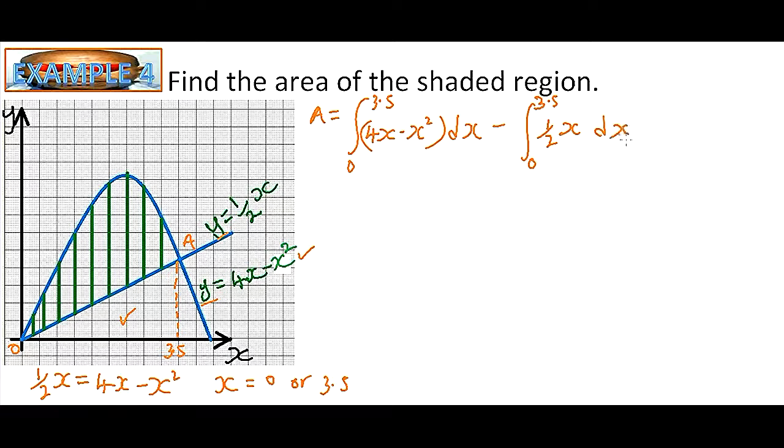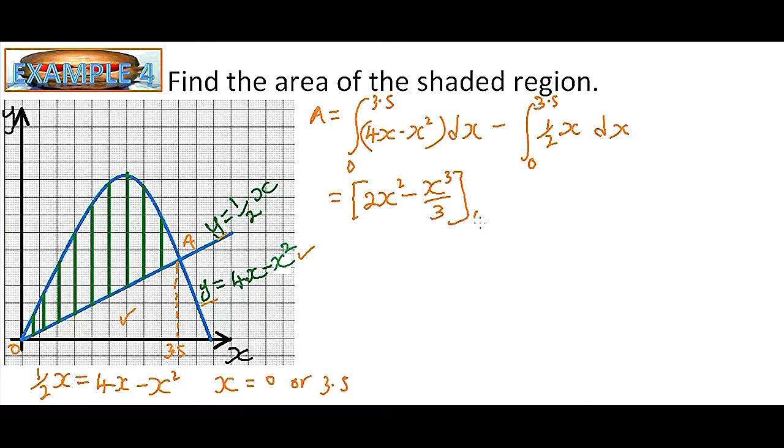This is with respect to x, or dx. Now when we integrate this, you get here it will be x squared divided by 2, so we end up with 2x squared minus x to the power 3 divided by 3, so it is x cubed divided by 3, and our lower limit is 0 and 3.5.